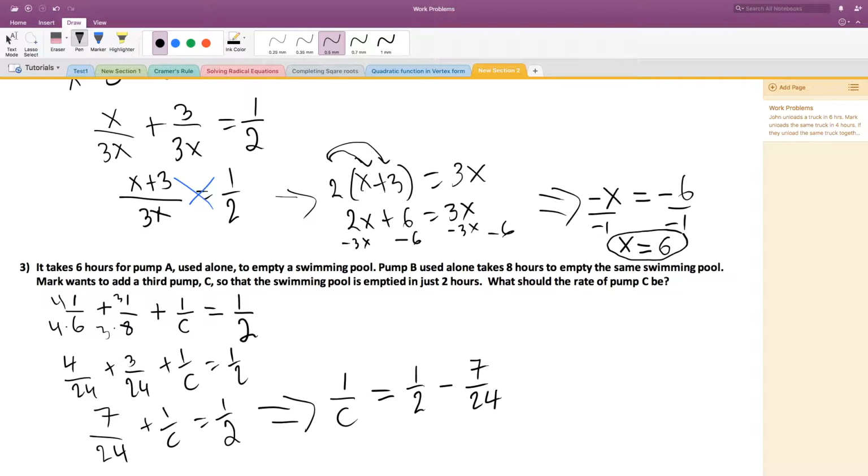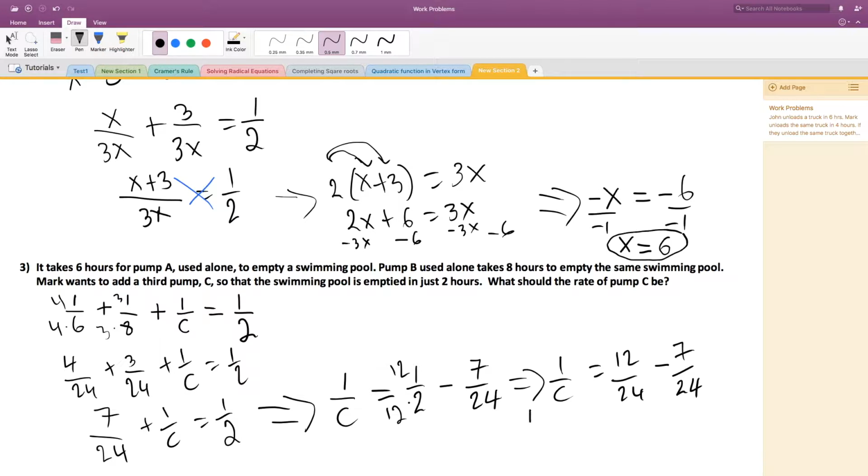So in this case, it was positive, and that's why I have it here as negative. Okay, so now I need to make this just one fraction. I'm going to multiply this by 12 and by 12. And if I do that, I have here 1 over c equals 12 over 24 minus 7 over 24.